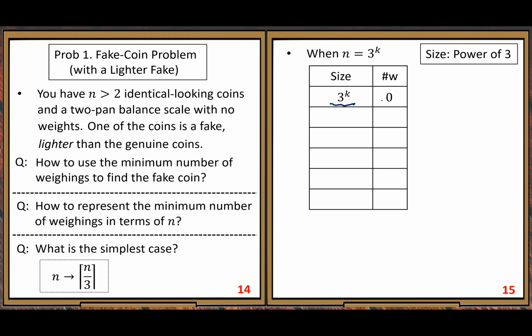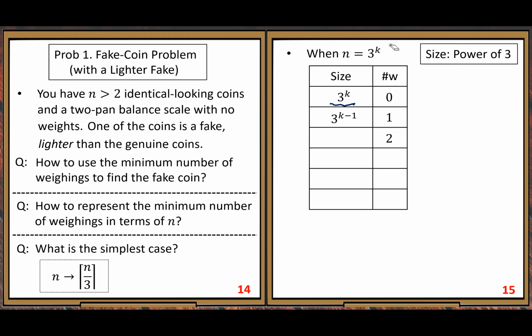After one weighing, what is the size? The original n divided by 3, so 3 to the k minus 1. Because this number is divided by 3. So the exponent becomes k minus 1, reduced by 1.